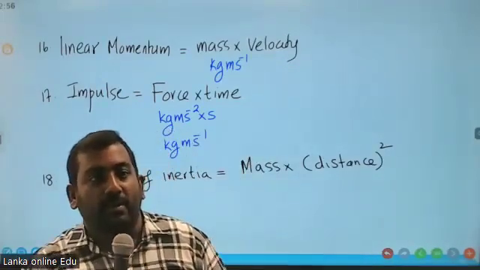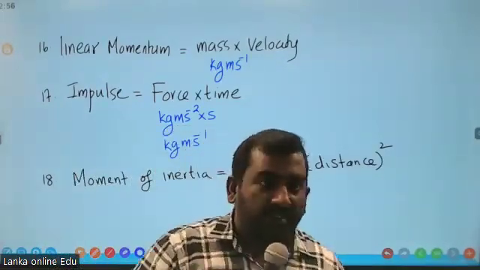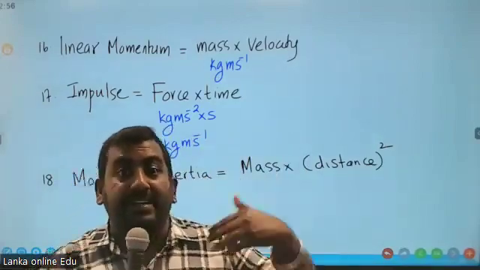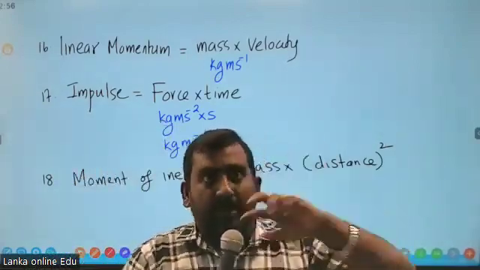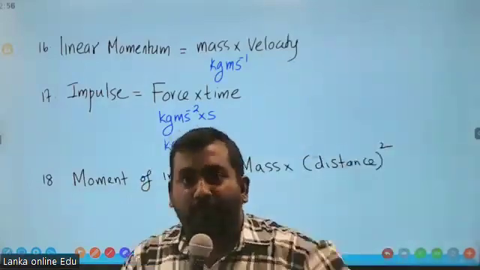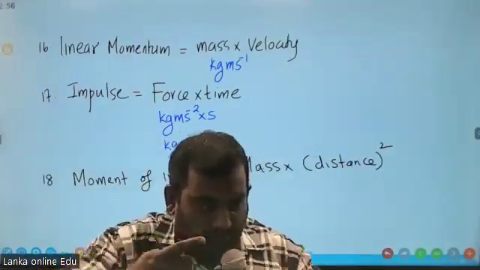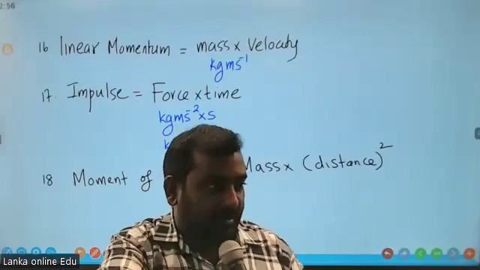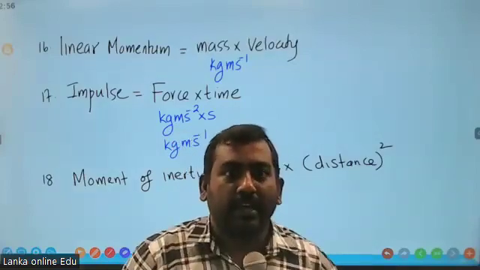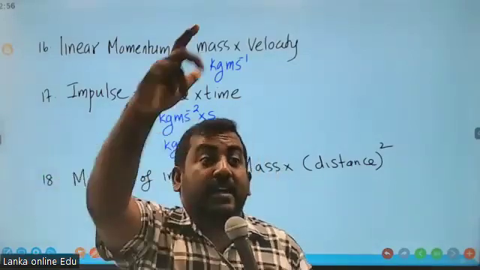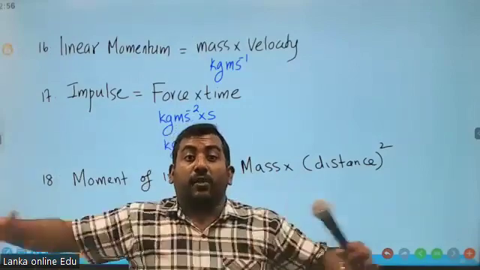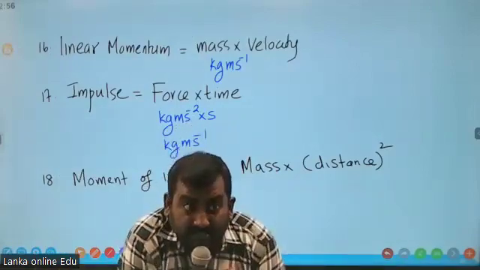Now, what is this moment of inertia? Moment of inertia is connected. The best example is a diver. When a diver jumps up out of a platform, check and see, the person has to somersault, twist, turn, and enter the water. When the person is doing a somersault, is the body far away or close by? Close.